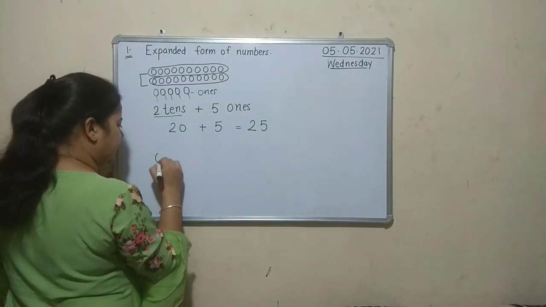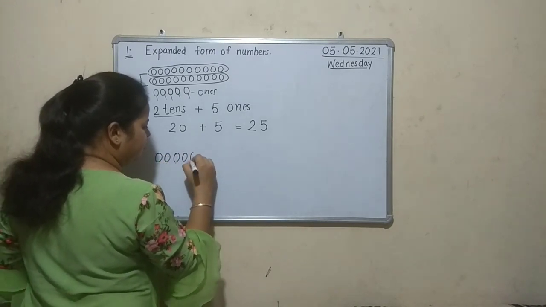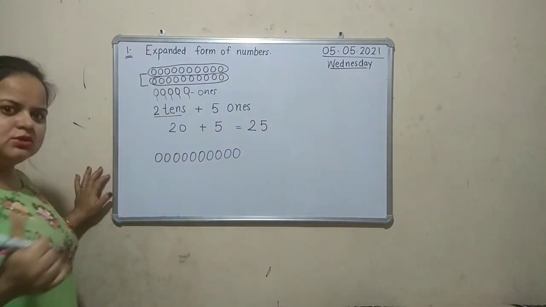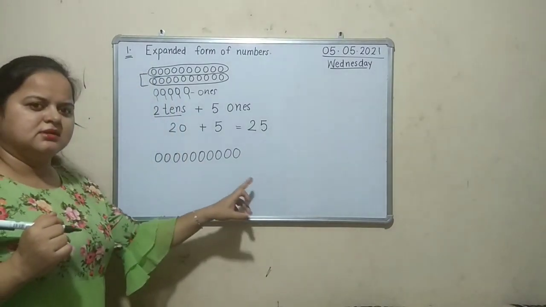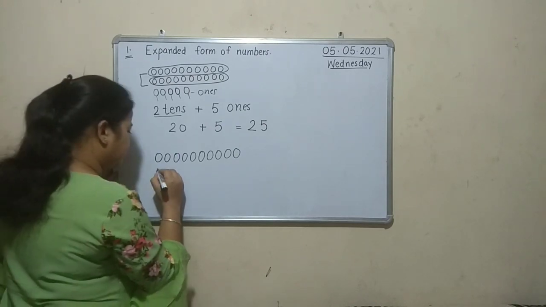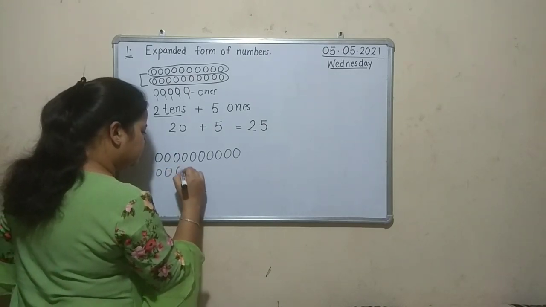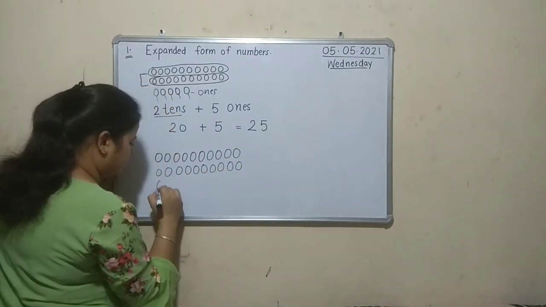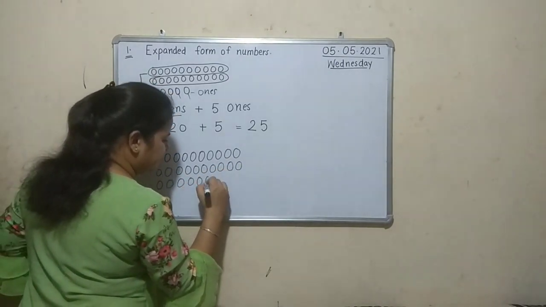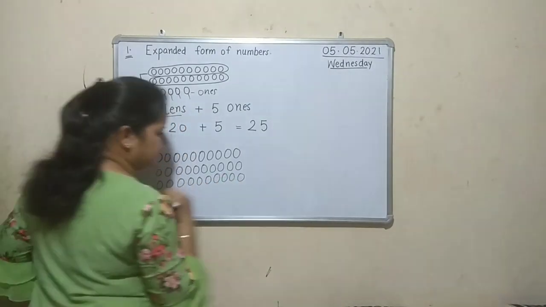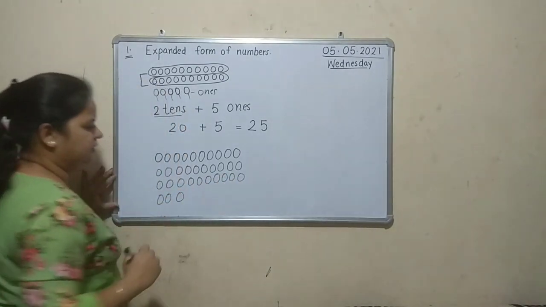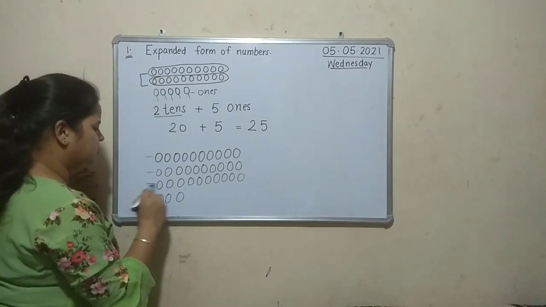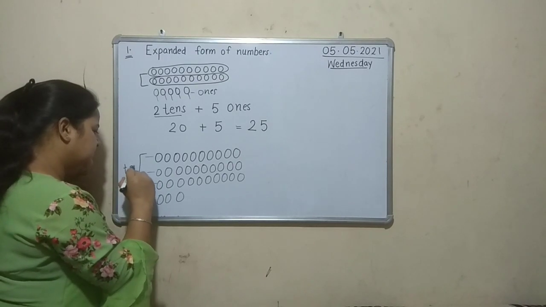Again, next example. Do it in your notebooks quickly. Make these 10 circles: 1, 2, 3, 4, 5, 6, 7, 8, 9, 10. Again 1 to 10. And again 1, 2, 3. Now we have 3 tens. These all are tens.